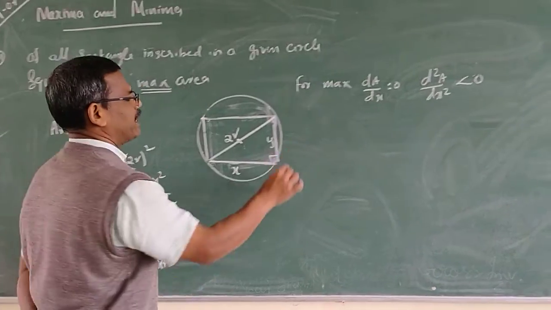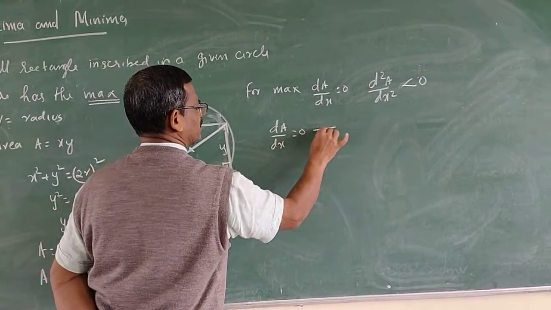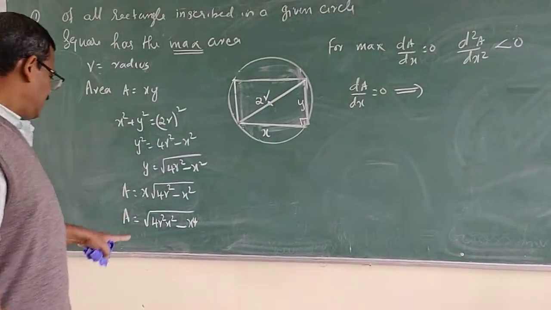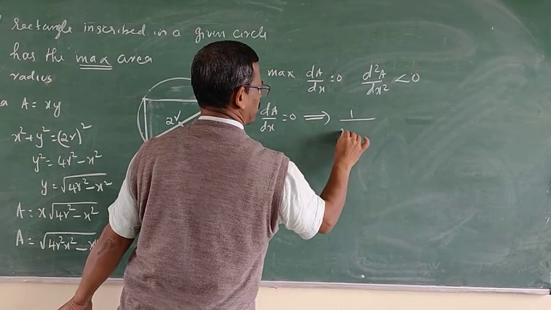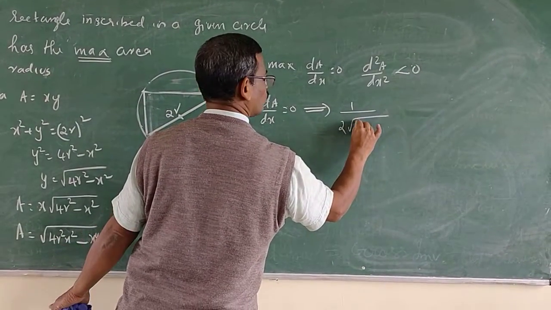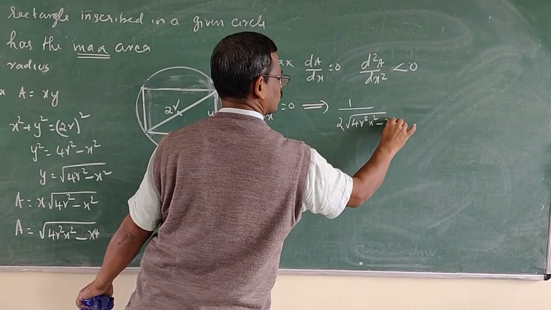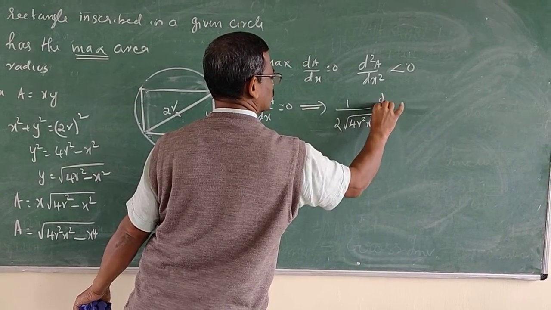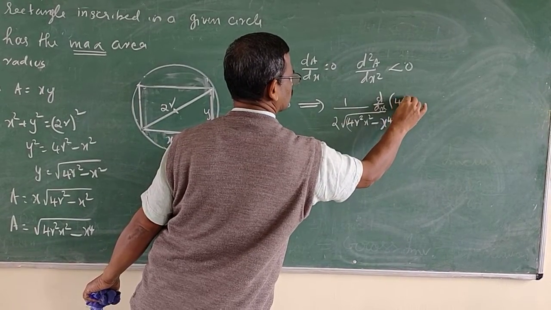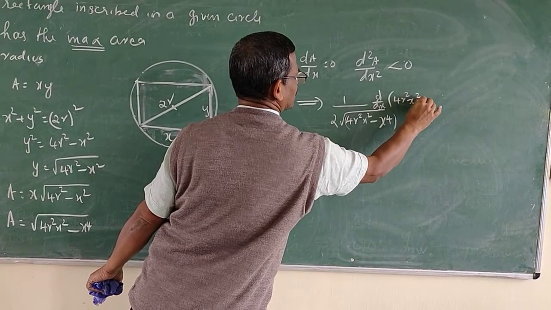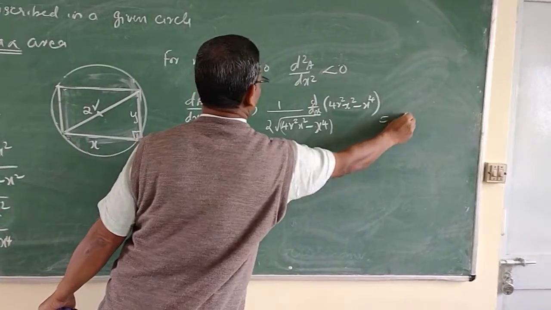Now we will find dA by dx equal to 0. Taking the derivative of this root, the derivative is 1 by 2 root of 4r square x square minus x raised to 4, into d by dx of this expression, 4r square x square minus x raised to 4, and that is equal to 0.